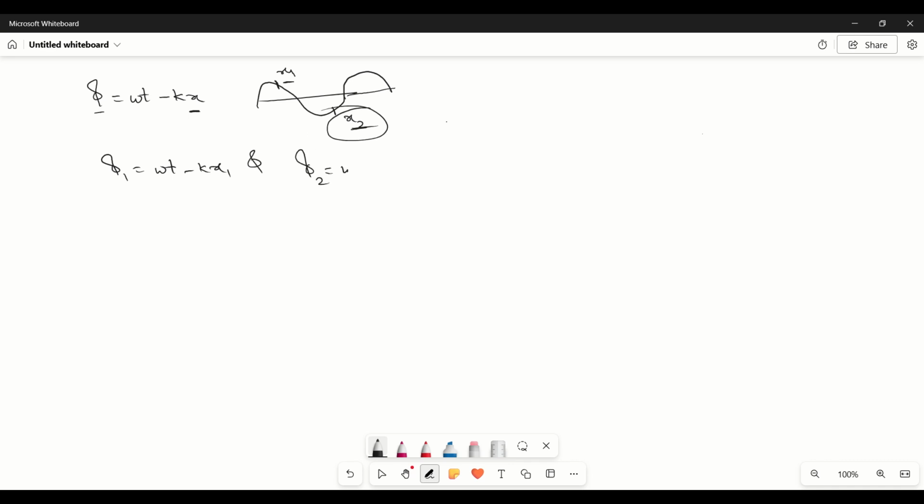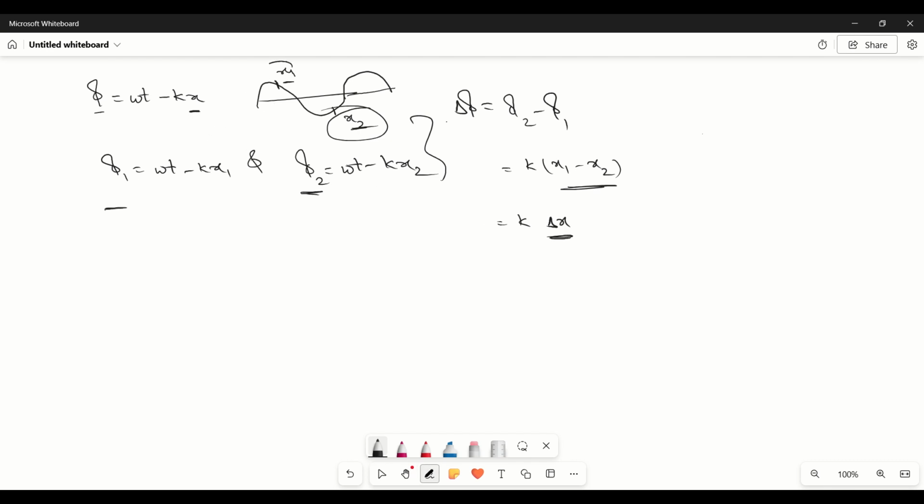Then the phase difference between these two waves is delta phi equal to phi2 minus phi1, where omega t and omega t get cancelled. So we get k into (x1 minus x2), where x1 minus x2 represents delta x, the path difference between these two points.